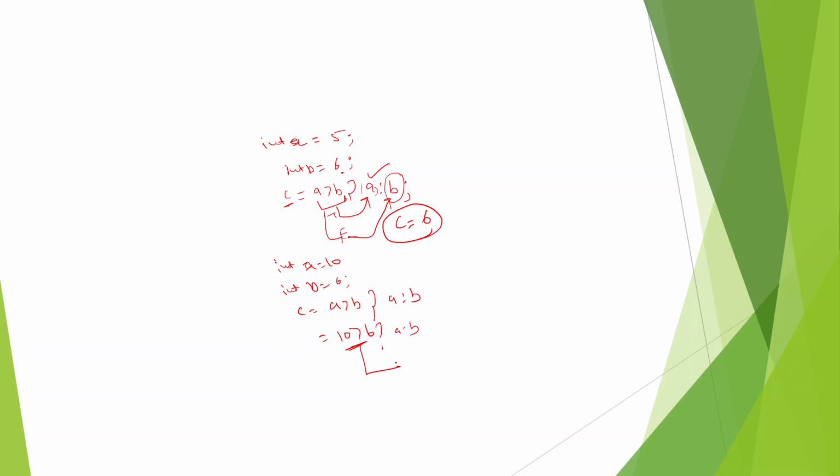This is true, so the A value is copied into C, so C is equal to 10. If this statement is false, then the B value is copied into C. Okay, hope you got the whole concept.